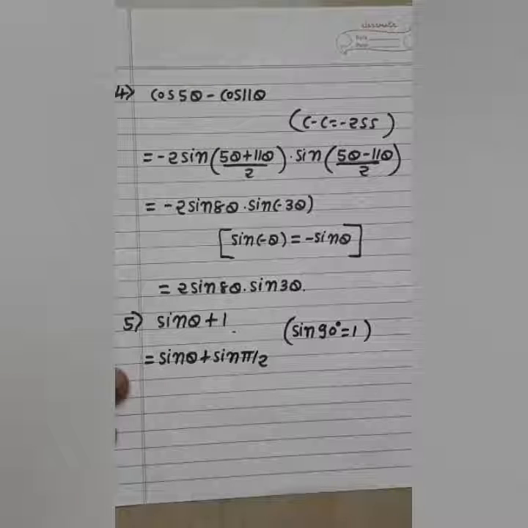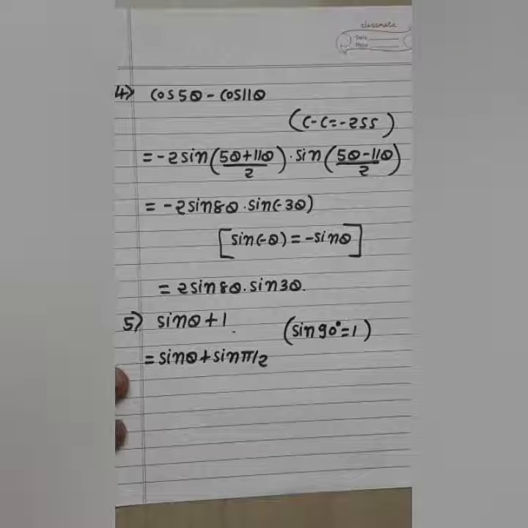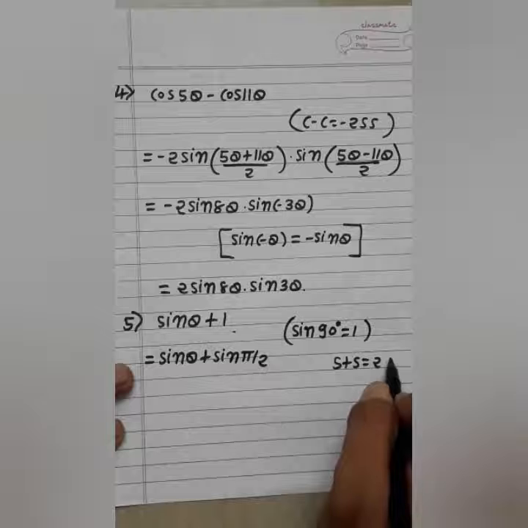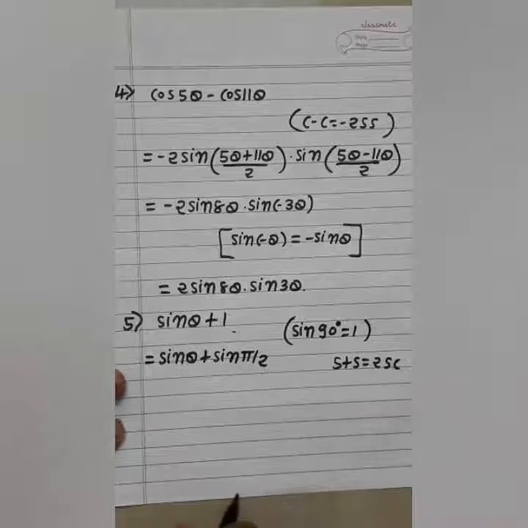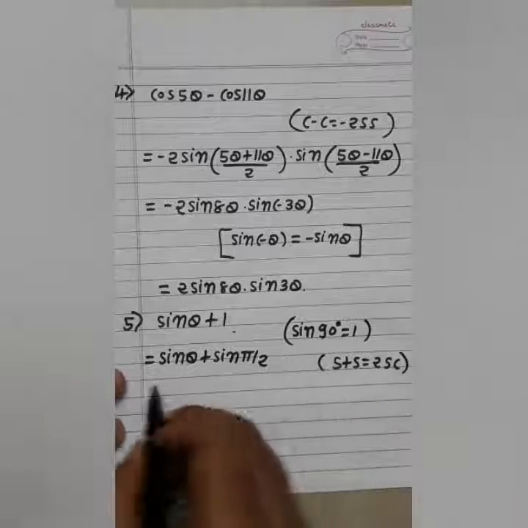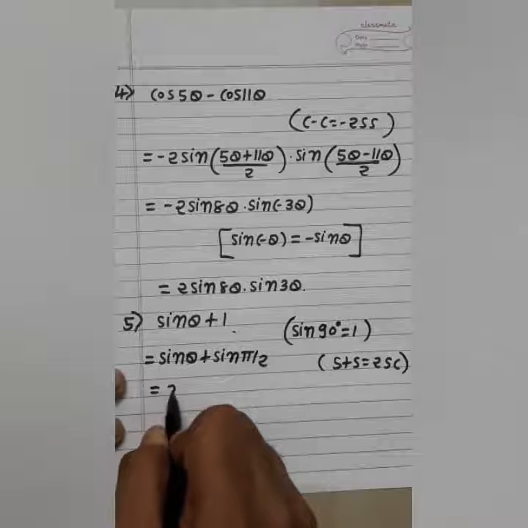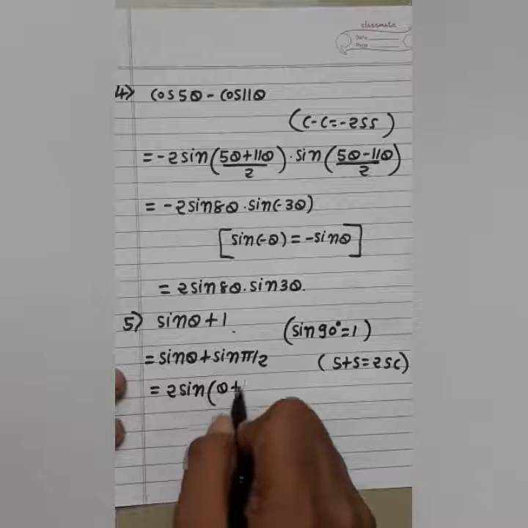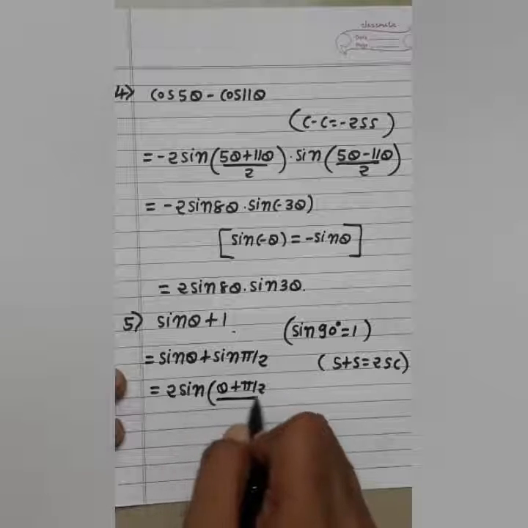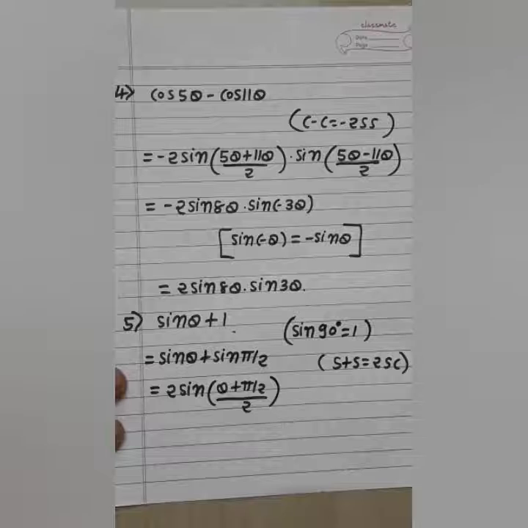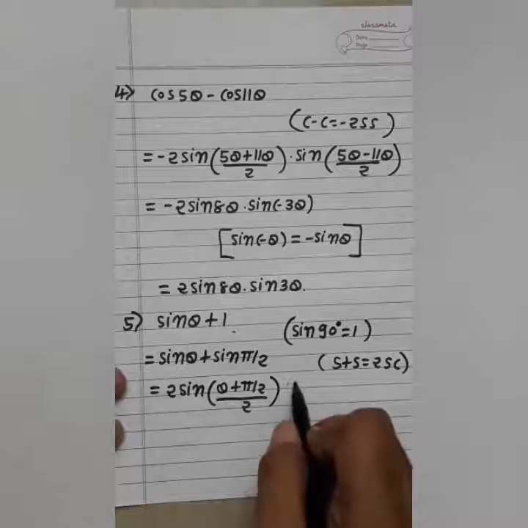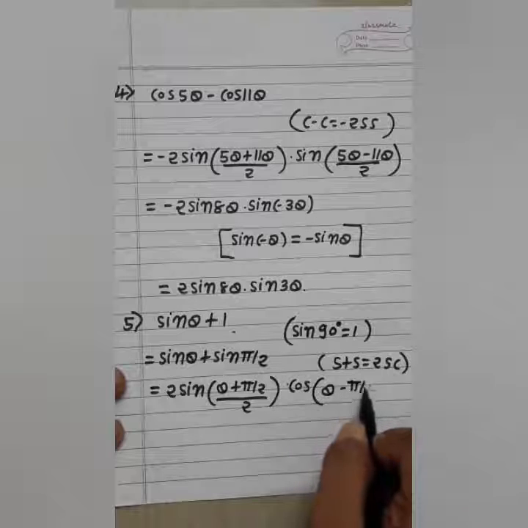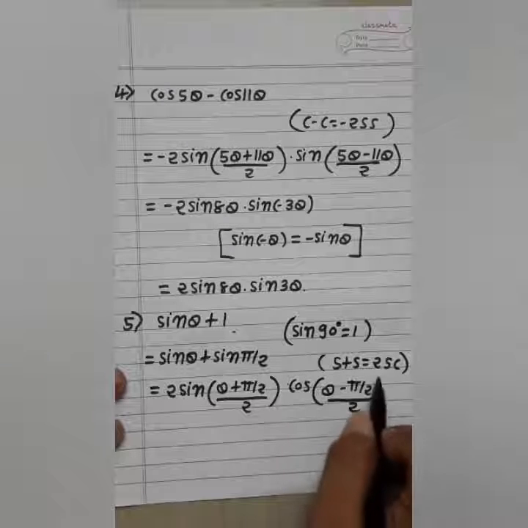Now apply the identity sin plus sin, that means 2 sin C cos D. So it is equal to 2 times sine into bracket theta plus pi by 2 upon 2, into cos into bracket theta minus pi by 2 upon 2.